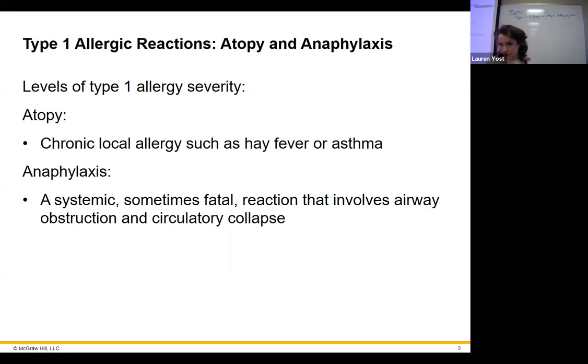So at any point, whenever you see a cat, you'd be allergic to it, for example. So that's a chronic allergy, not a constant allergic reaction. So these are local atopy. And there are some that fall into this category that you might not have considered atopic reactions before, but they do fall into this category.